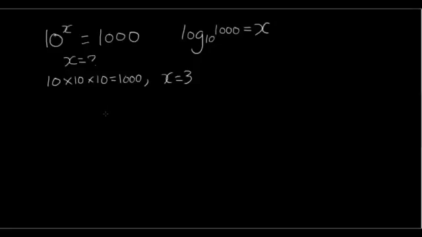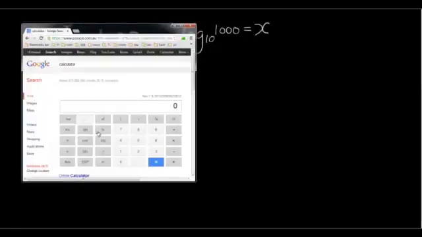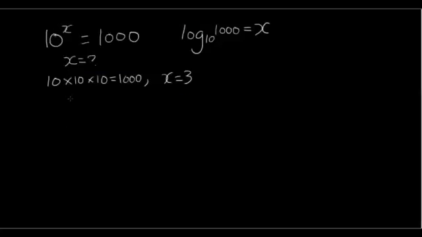So now I want you to type in the calculator log of 1,000 and finish the bracket. Notice how on the calculator it just says log, but it actually means log base 10. If you type that in, you get 3. So x equals 3.